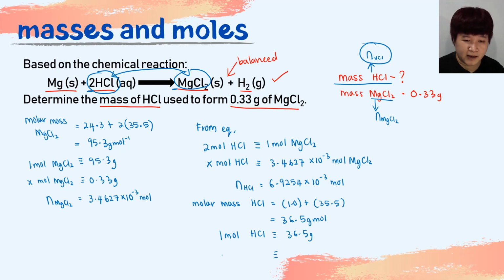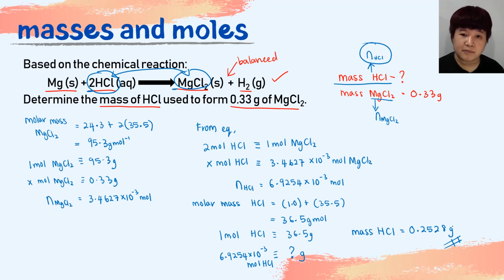But what would be the mass when you have 6.9254 times 10 to the power of negative 3 mole of hydrochloric acid? What would be the mass? So, when you solve the ratio, you know that mass of hydrochloric acid calculated is 0.2528 gram. And that is the mass of hydrochloric acid calculated.